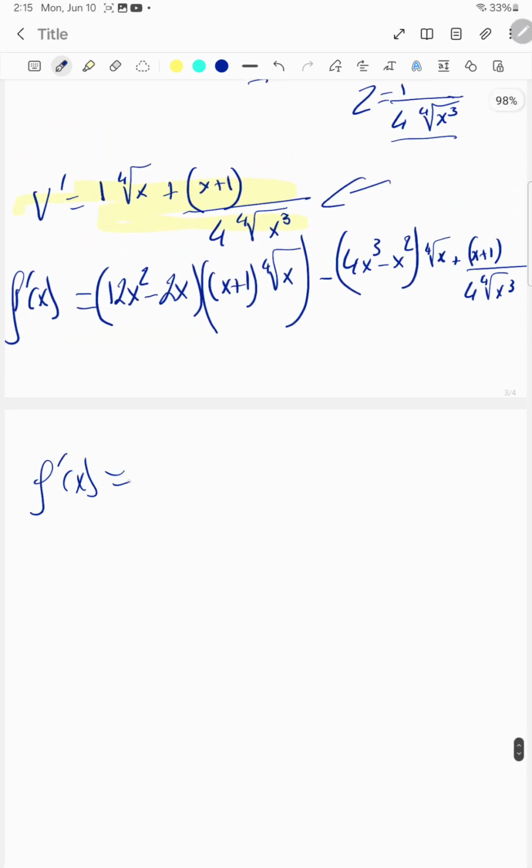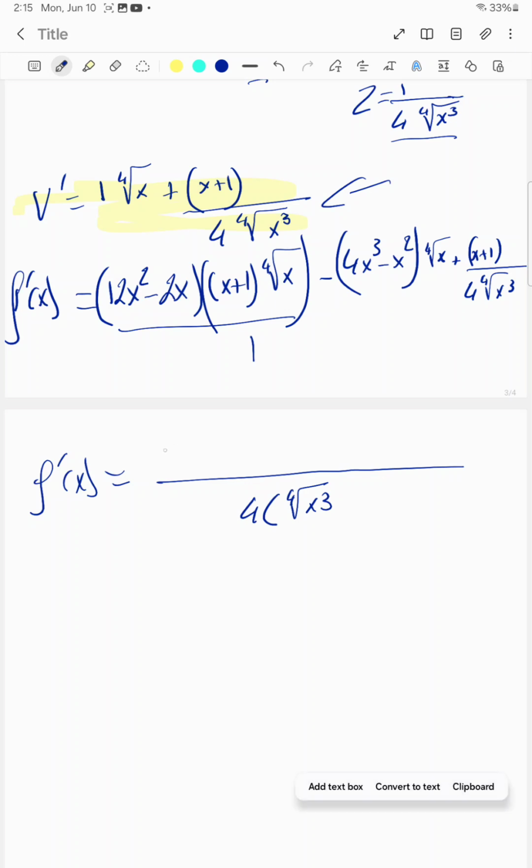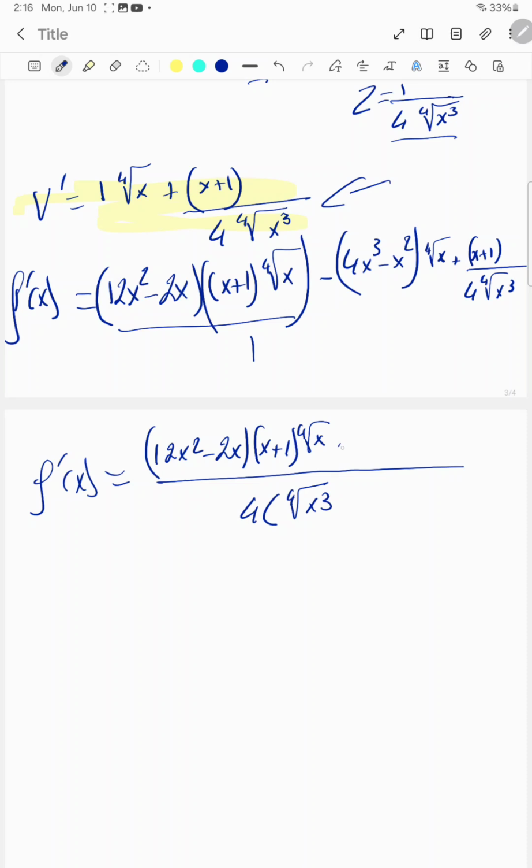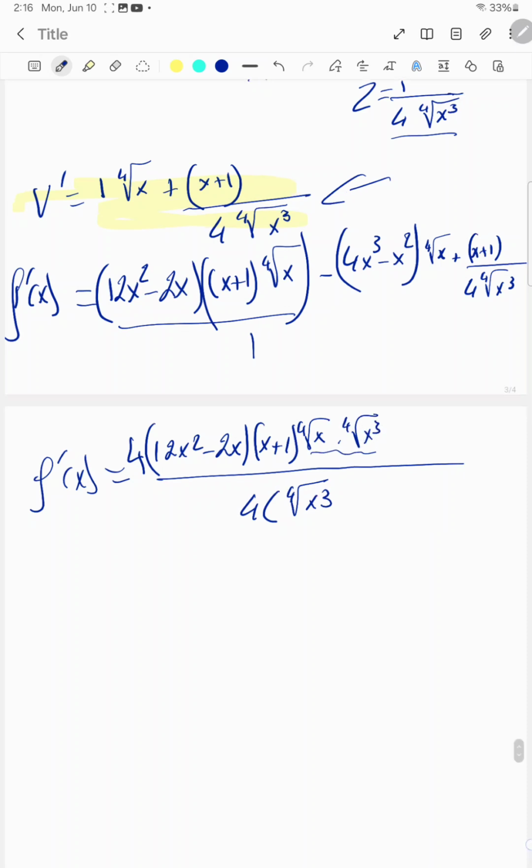f prime of x is equal to, the common denominator is going to be 4 times the fourth root of x to the power of 3, and here I have 1, so I have to multiply up and down by this. So it becomes 12x squared minus 2x times x plus 1 times the fourth root of x times the fourth root of x to the power of 3, and this will become x, both of them.